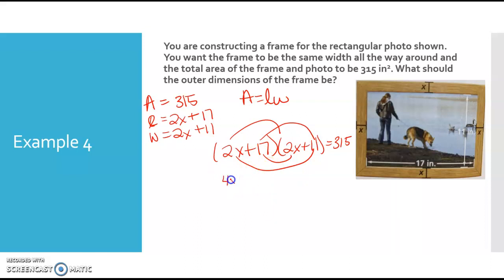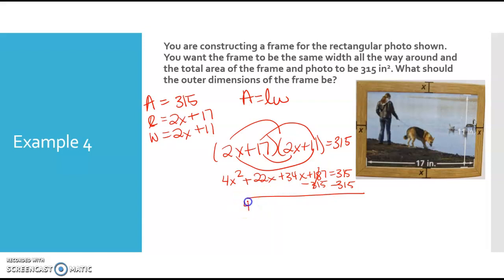So when I multiply, I should end up with 4x squared plus 22x plus 34x plus 187 equals 315. And then we've got to make this equal 0. So I've got to subtract that 315.